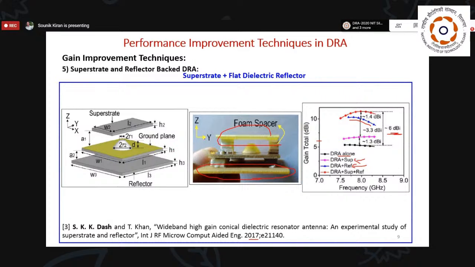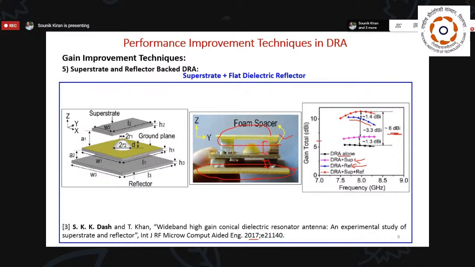The analysis of this structure is also very simple. The way we analyze the superstrate, we need to do first, and the way we did the analysis for the reflector, we also need to do. We just need to combine these techniques, and once we combine them, we need to optimize the heights also, because this becomes a hybrid combination, and there will be some impact.